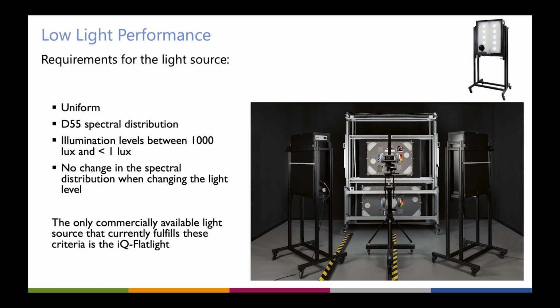So a light source based on the IQ LED technology, so an LED based 20-channel spectrally tunable light source, and with the latest software versions you are actually capable to turn off singular elements of the flat lights. So with that we can manage to have a range of like 2000 lux on the chart down to less than a lux on the test target, and that is pretty dim light. So it's a very capable, let's say, light source for the low light performance measurement.